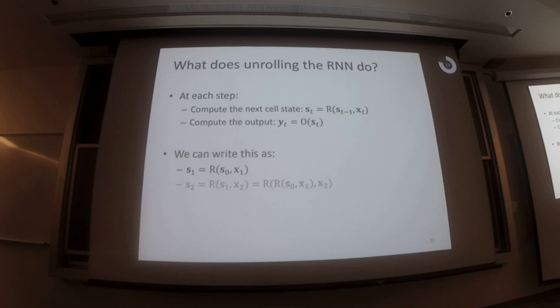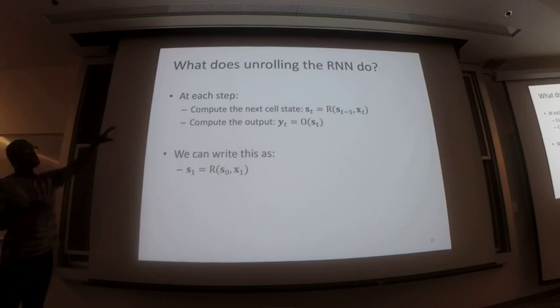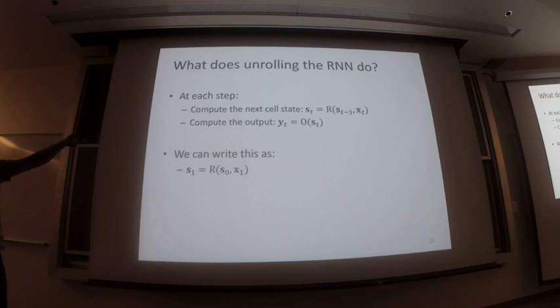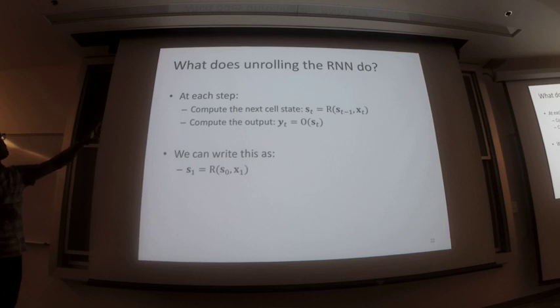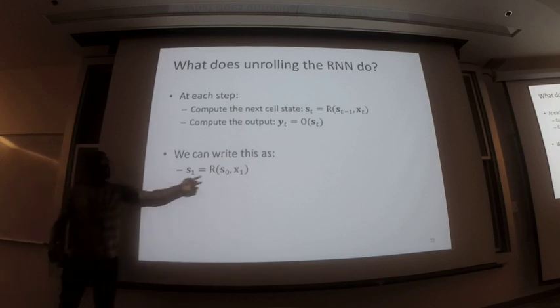Okay, let's look at an example. I hope everyone is clear what happens at each step. What happens is that we compute the next cell state S sub t from our recurrent function, which takes in your previous cell state and then your current input. And we also compute our output, which depends on your current cell state. Okay, so when our first input comes in, we initialize our state.